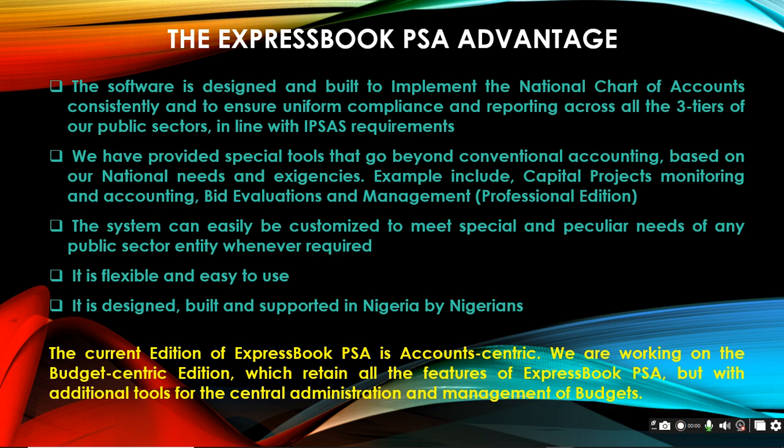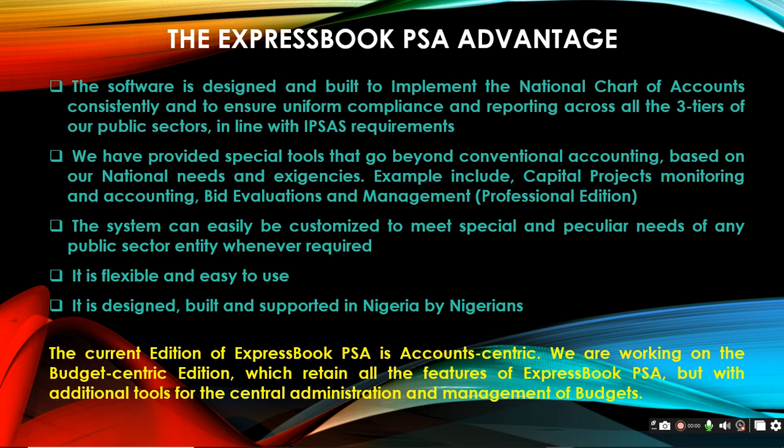We've also provided tools that go beyond conventional accounting based on the needs of the system we are in. For instance, our capital project monitoring and accounting system tool enables you to monitor a capital project from beginning to completion with all the detailed information you might need to know about that project.